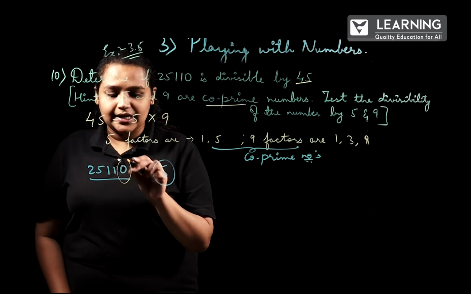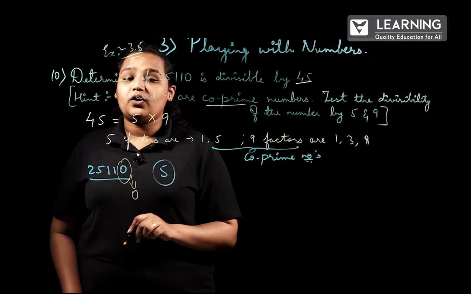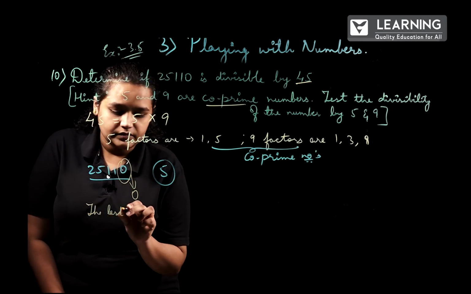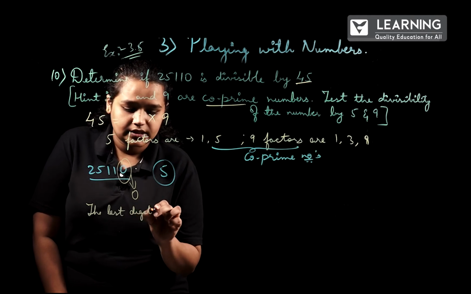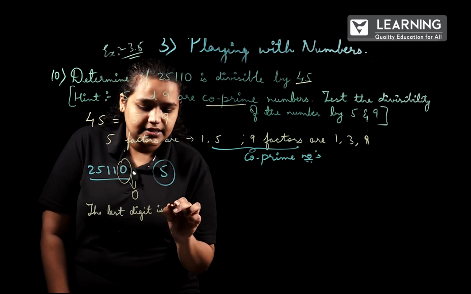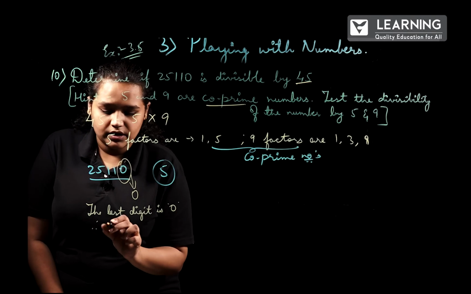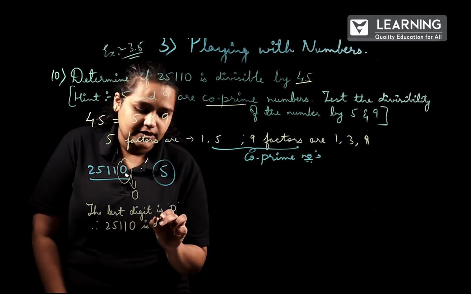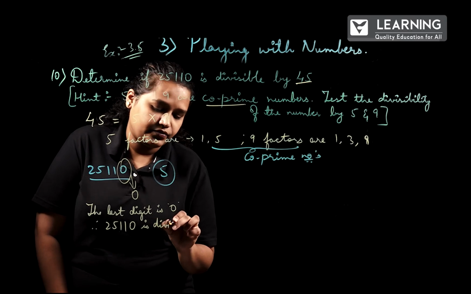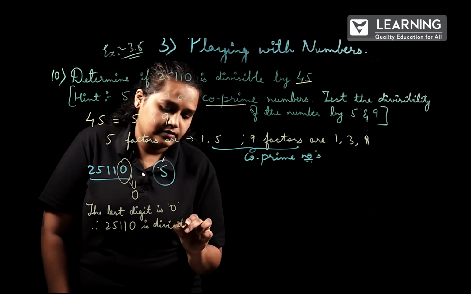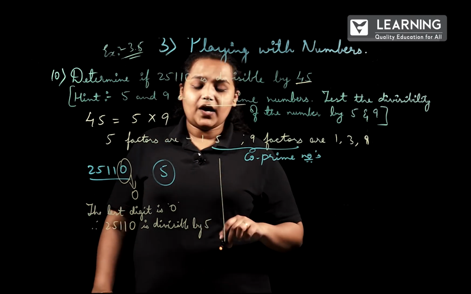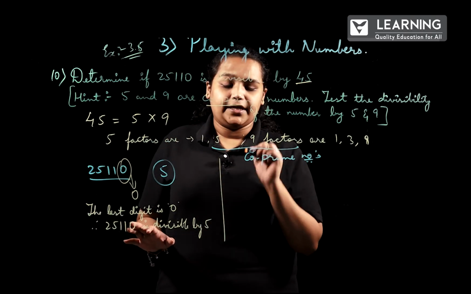So, here the last digit is 0. Therefore, 25110 is divisible by 5.